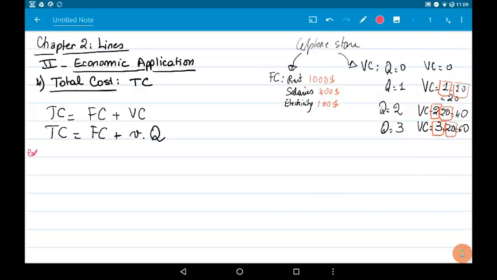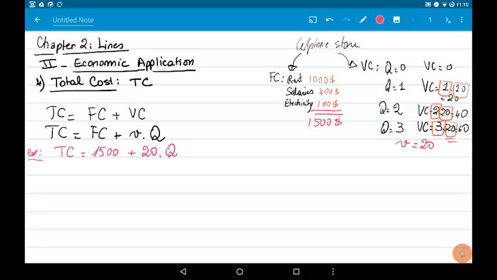A numerical example for this total cost function is, so here the fixed cost equals $1,500 plus the variable cost here per unit V equals 20, and Q is variable.